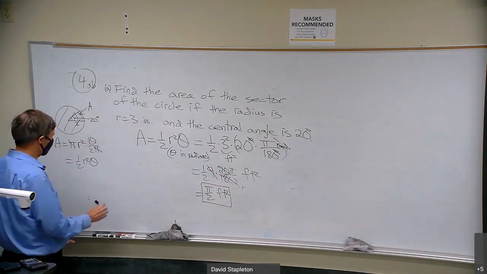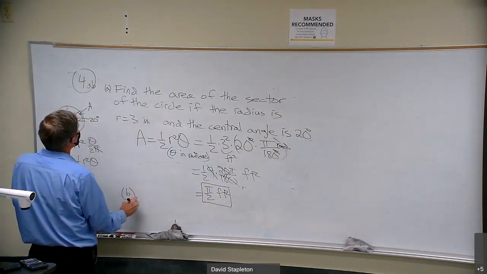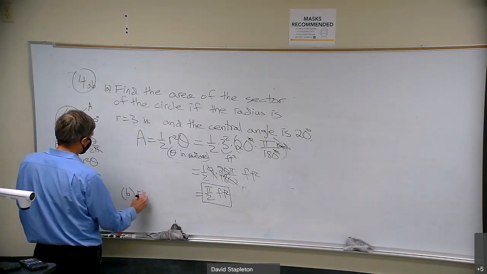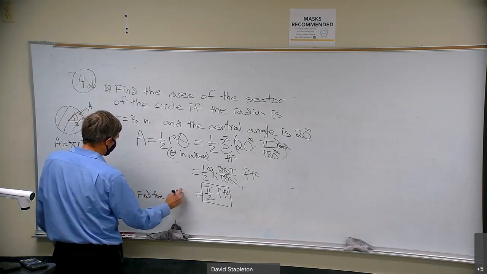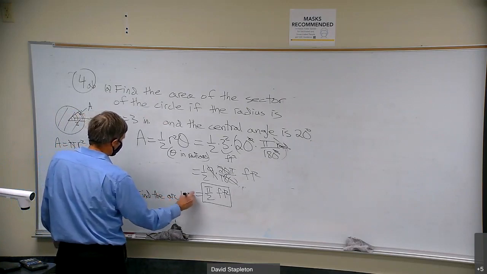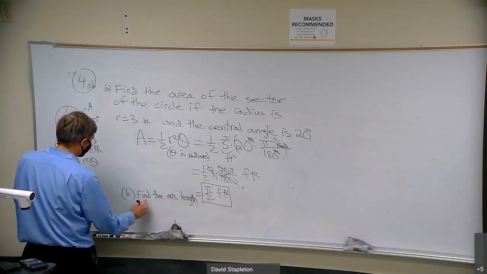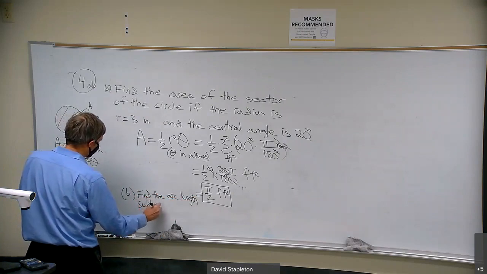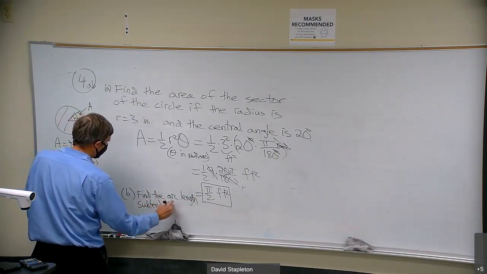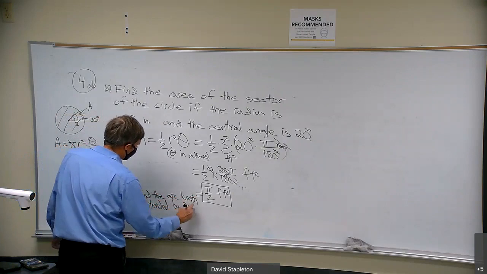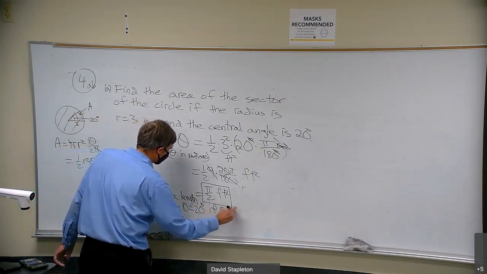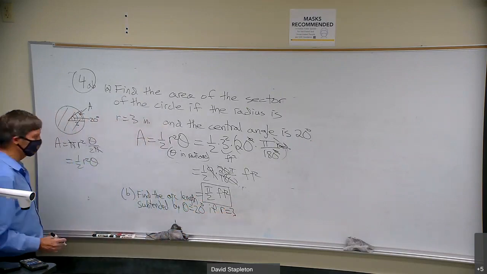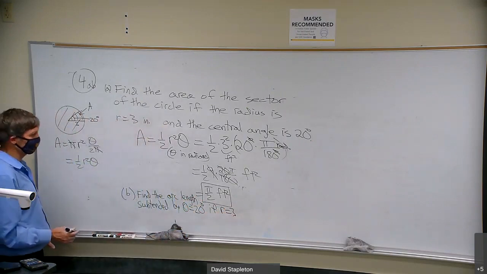Well, that's A. What about B? Find the arc length subtended on the same circle. Same circle. Well, now what do I put? The easiest formula is S equals r theta, but you have to know it, right?